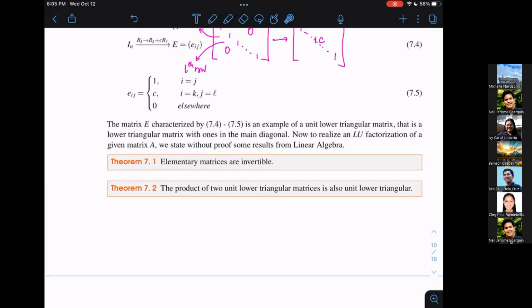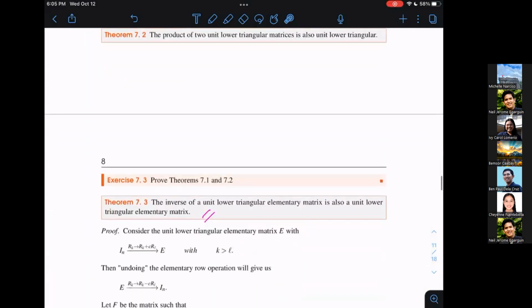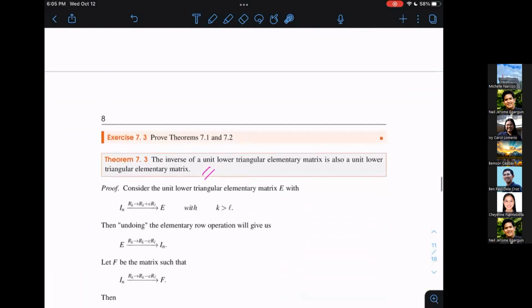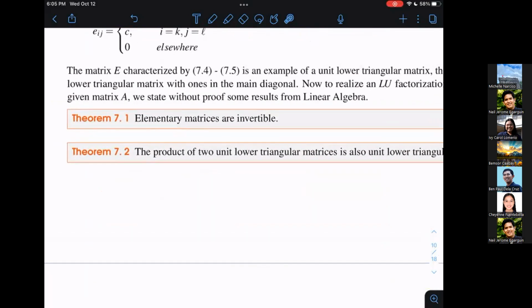Or in essence, paano ko maprove yung Theorem 7.1 na invertible lahat ng elementary matrices? Sige nga, ideas? Tingnan ko kung sinulat ko yung proof. Hindi ko naman sinulat yung proof. Or masyado bang obvious na yung elementary matrix ay invertible?